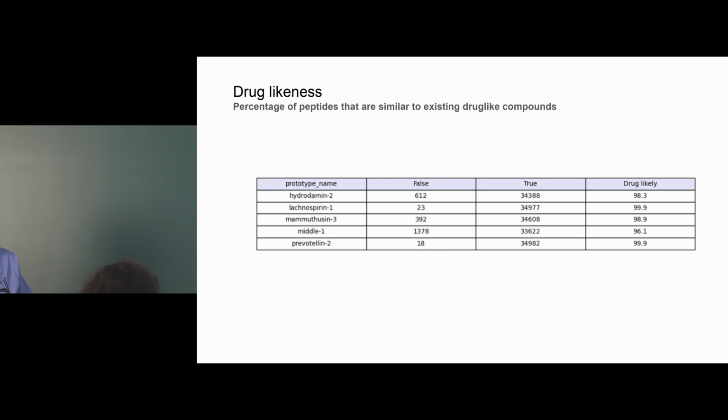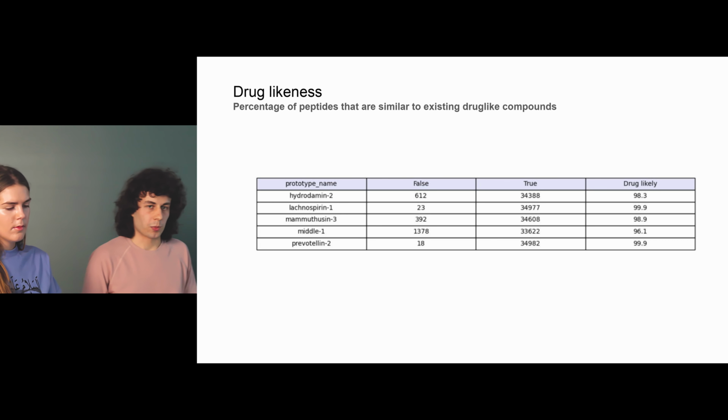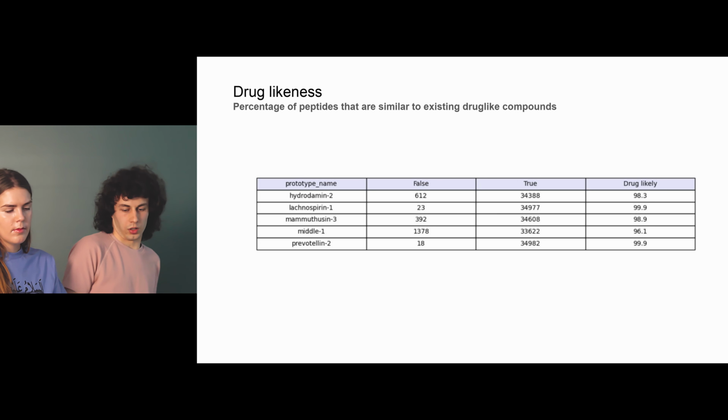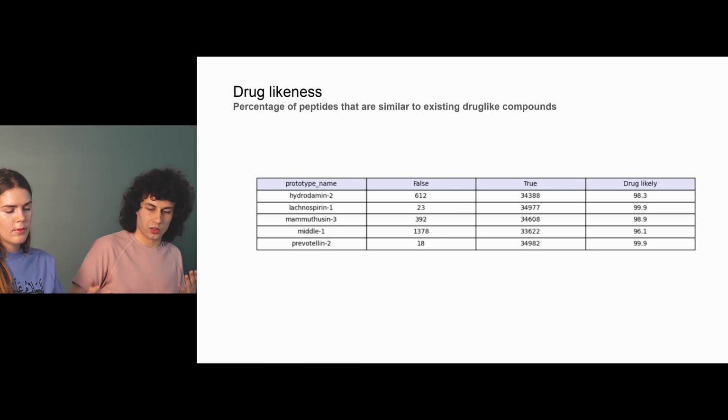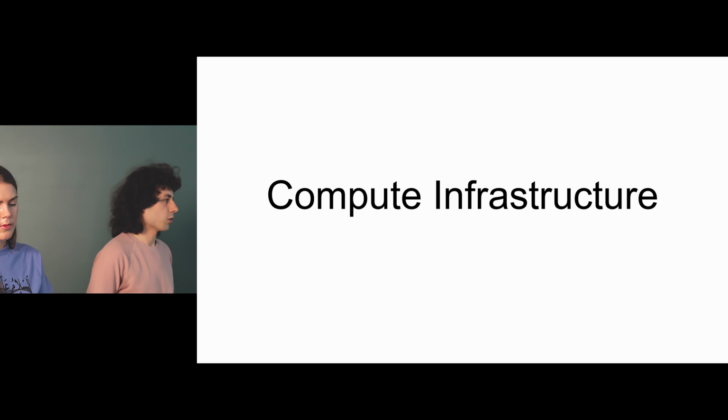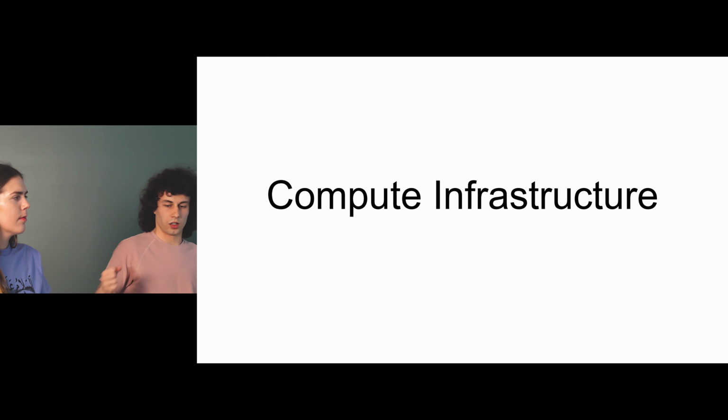We ran out of time, but just a final note, we also checked whether the peptides have drug-like properties via well-established procedures, and it turns out that these peptides are not very strange and potentially have drug-like properties. So thank you. We are ready to take any questions.